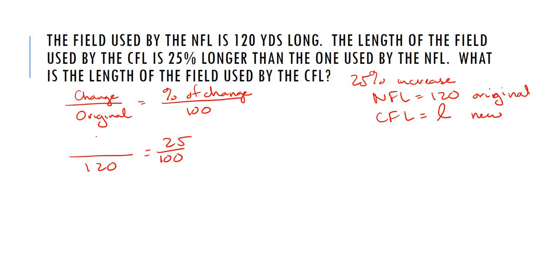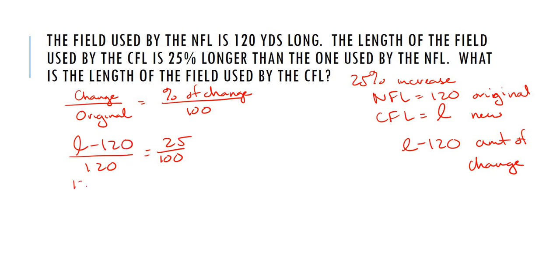What I don't know is the change between the NFL and the CFL. And remember, we found that by subtracting. I know that the CFL is longer, so if I do L minus 120, that would be the amount of change. And that's what I don't know yet.